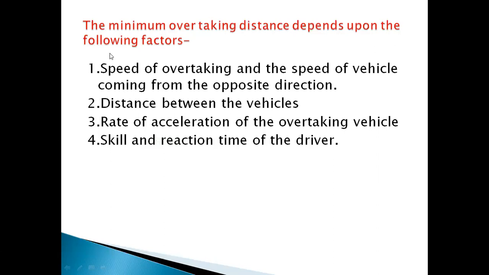Then the next point is that the minimum overtaking sight distance depends upon the following factors. First is the speed of the overtaking vehicle and the speed of the vehicle coming from the opposite direction. This speed is one important factor for overtaking distance. Second is the distance between the two vehicles.